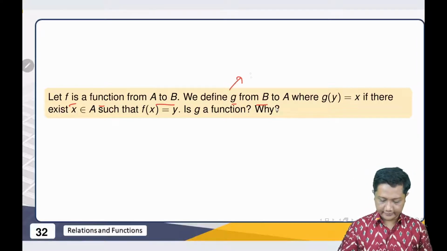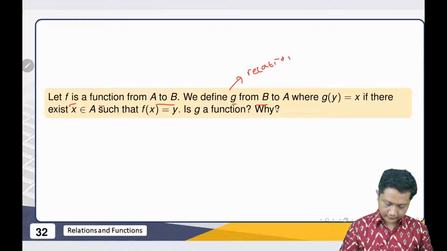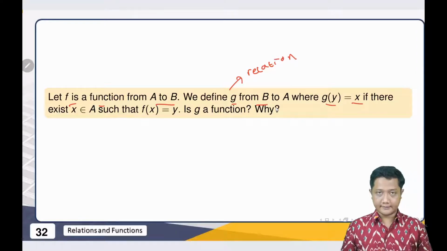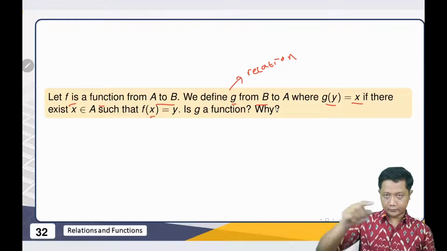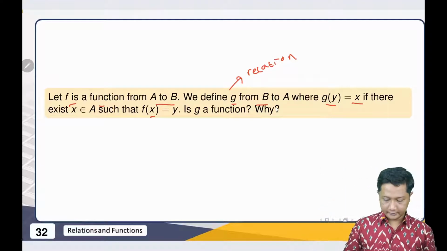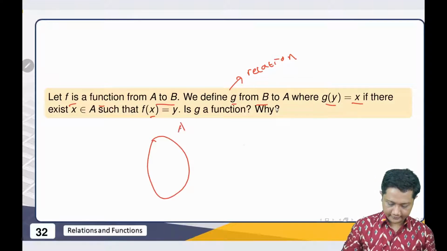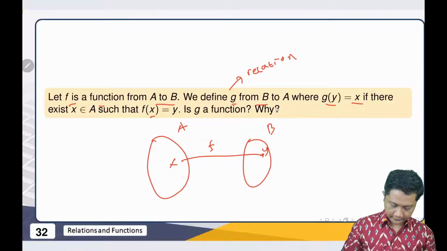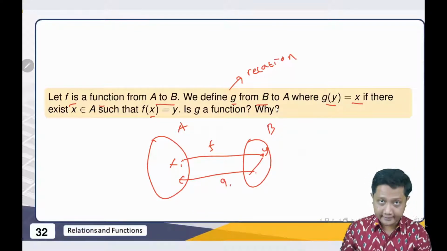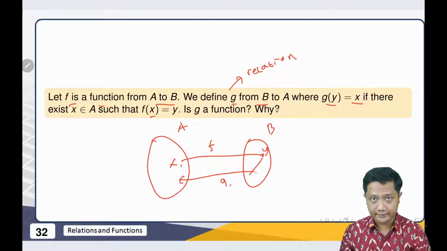So g is a relation from B to A where we bring back y to x when x goes to y by f. For example, if we have A here and B here, x goes to y by f, and we try to make a relation from y to x with g. But in general, it is not a function. Why?